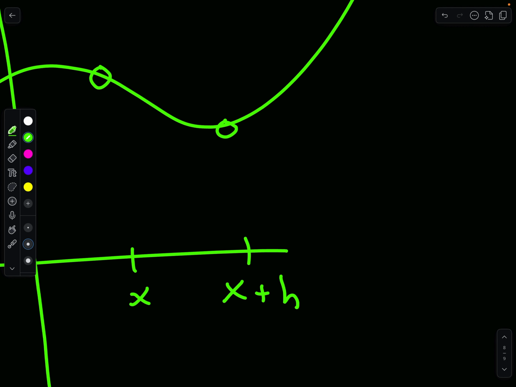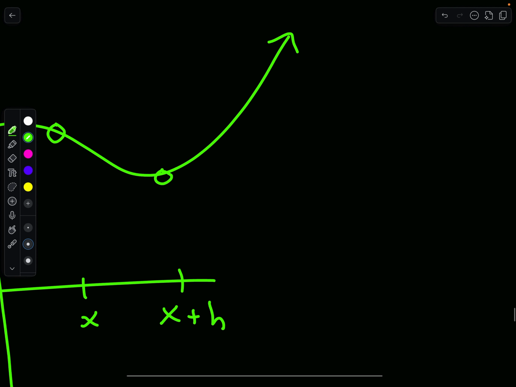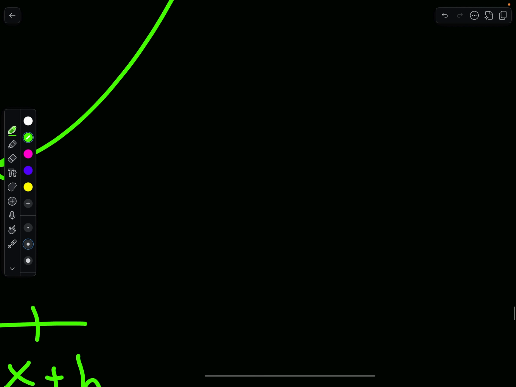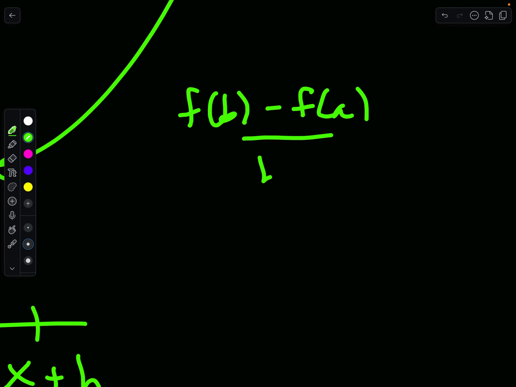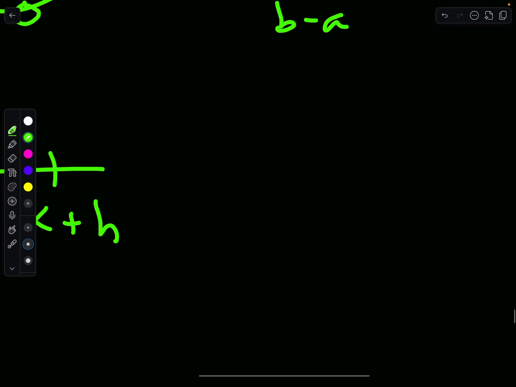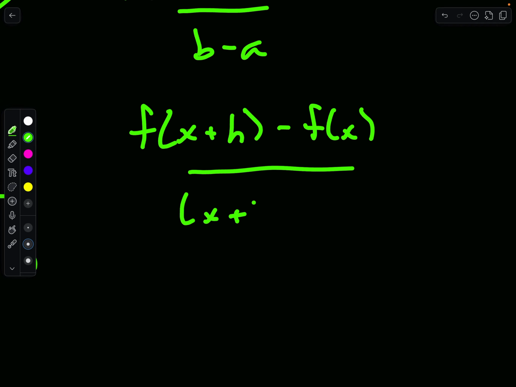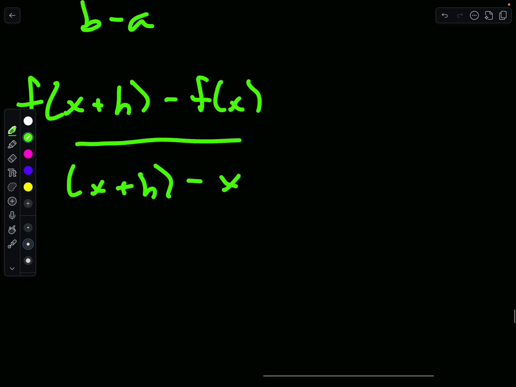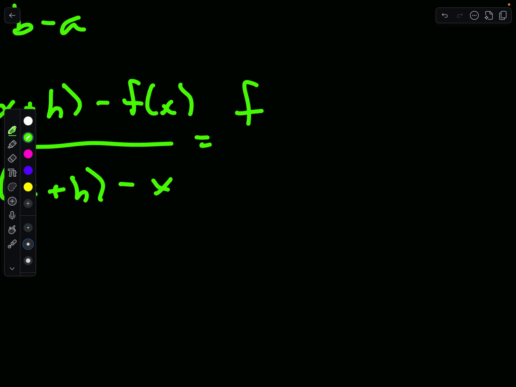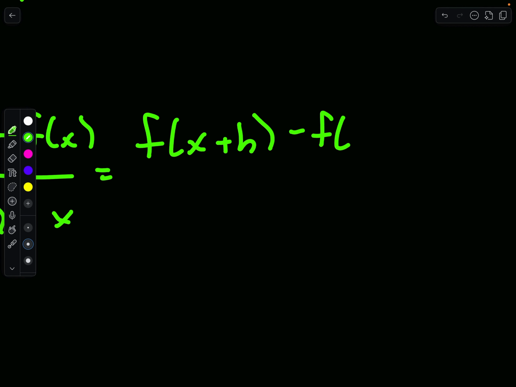Now to compute the slope between x and x plus h, we would use our formula f of b minus f of a over b minus a, and you get f of x plus h minus f of x over x plus h minus x, which is f of x plus h minus f of x over h.